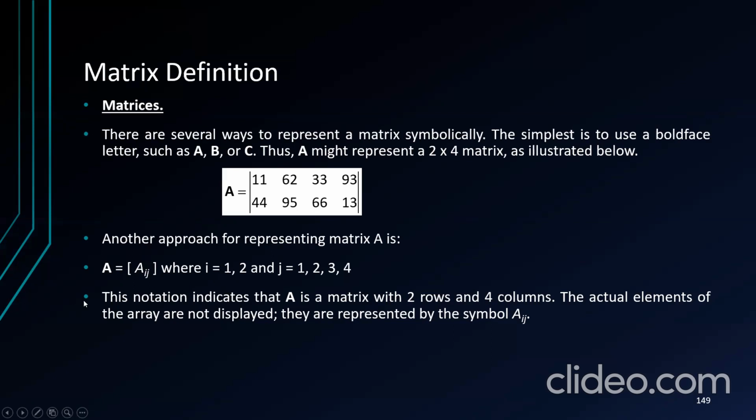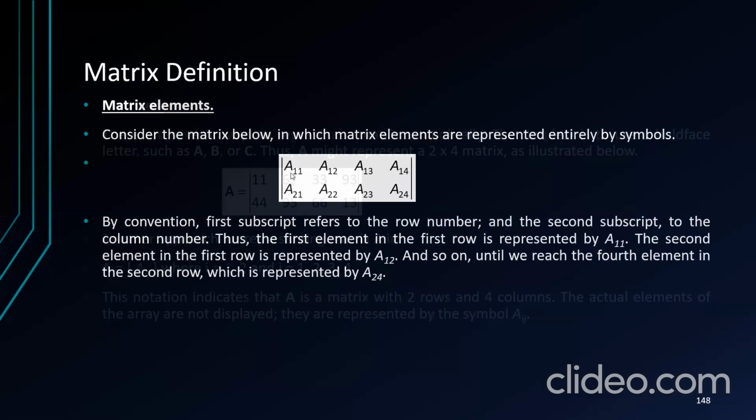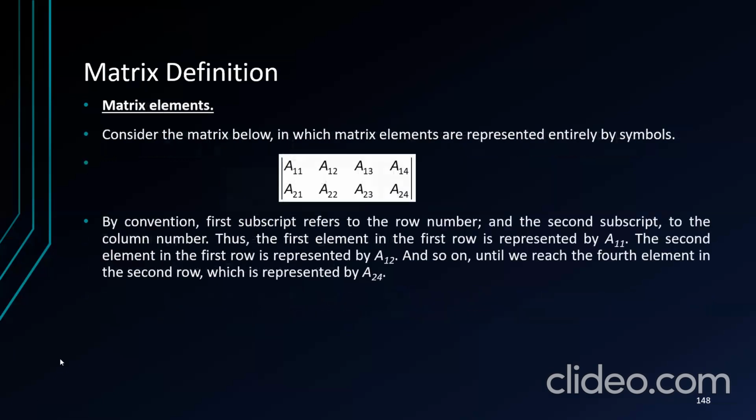Okay, this notation indicates that A is a matrix with 2 rows and 4 columns. So, lalagay ka pa ng rows and columns. So, dito, wala kang ilalagay. So, the actual elements of the array are not displayed. So, they are represented by the symbol AIJ. Okay? Itong sa loob na yan, AIJ yan, I and J.